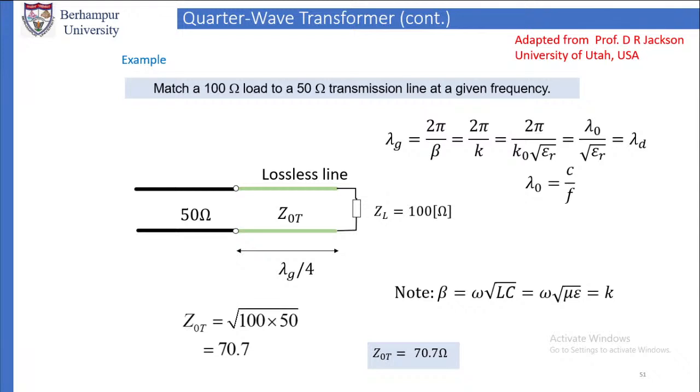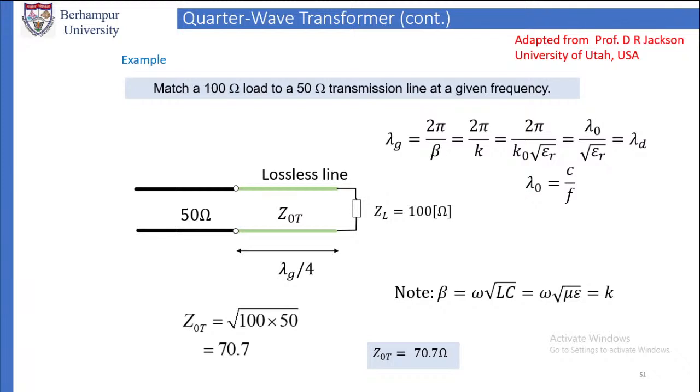That is the purpose. For that we have to find out what Z0T will be. Z0T is equal to square root of Z0 into ZL, that we have already seen. Therefore Z0T is equal to square root of 100 into 50. So that is 70.7. So Z0T has to be 70.7.